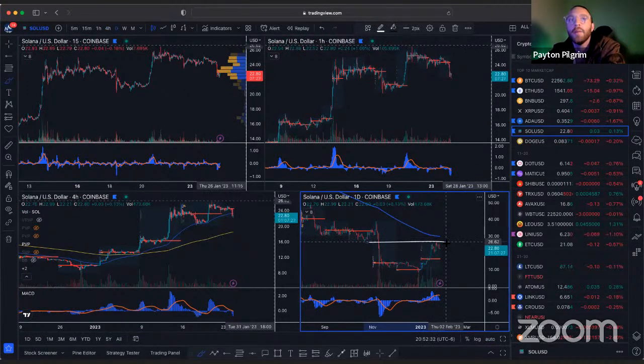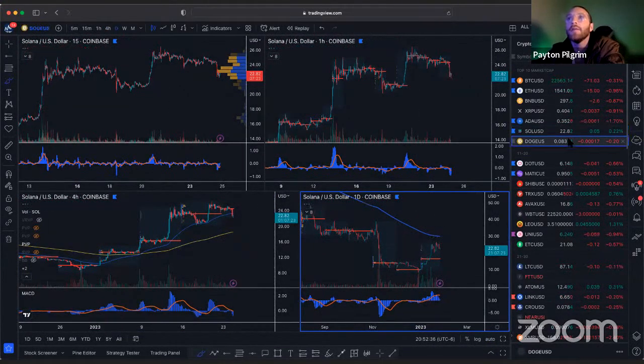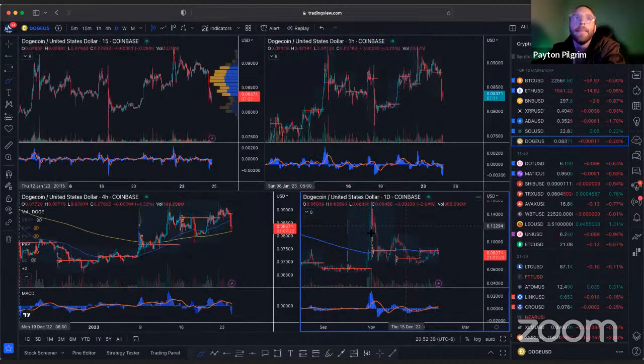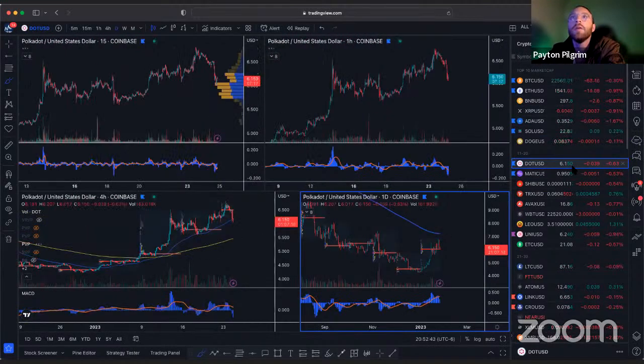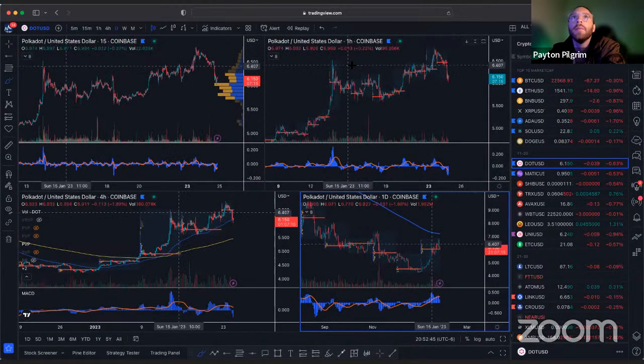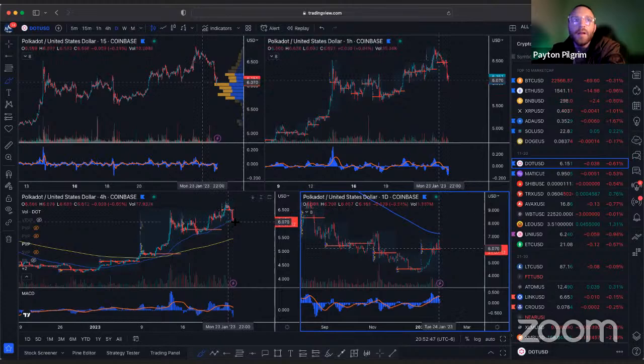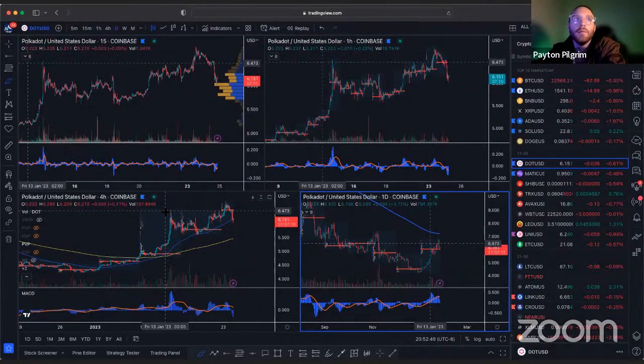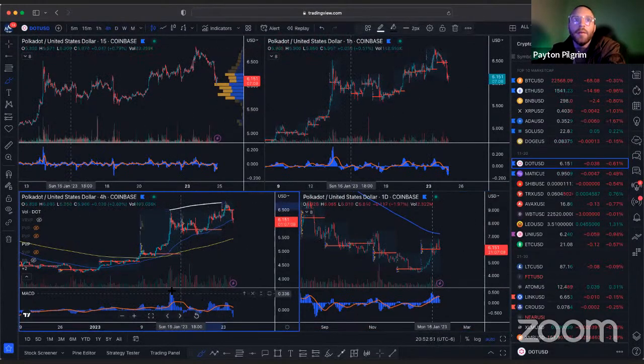Everyone was talking about the bullish moves on the cryptos, and now they're all sitting at these levels where they could drop. Doge, we don't care about Doge. Polkadot with the divergence on this move too.